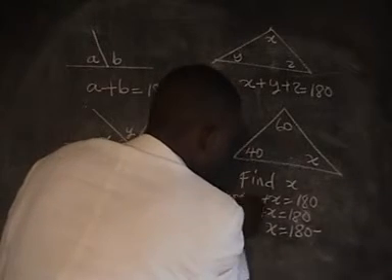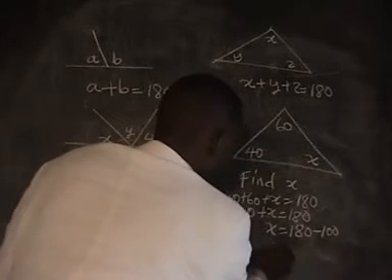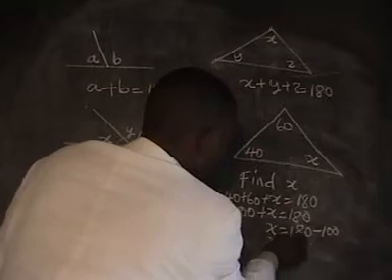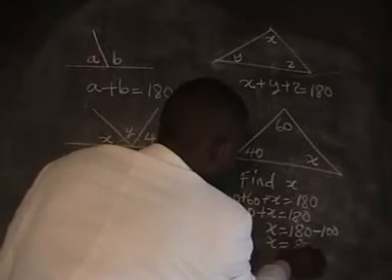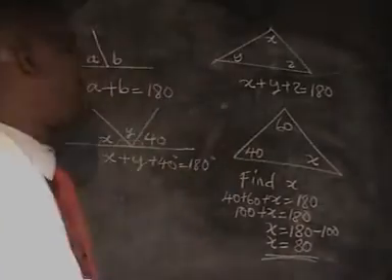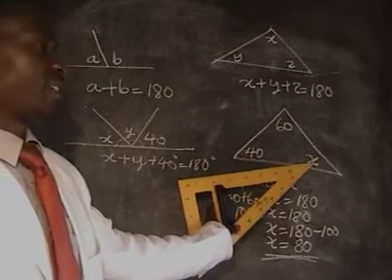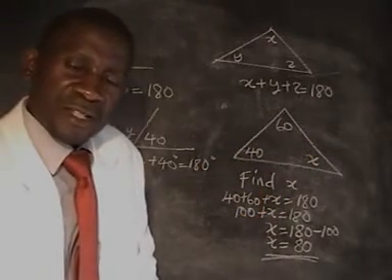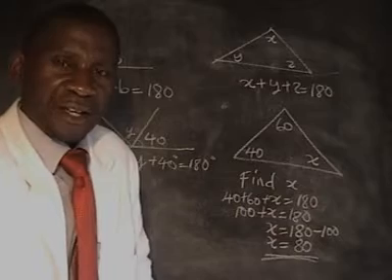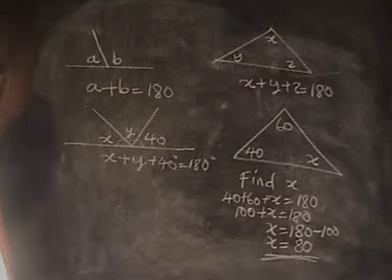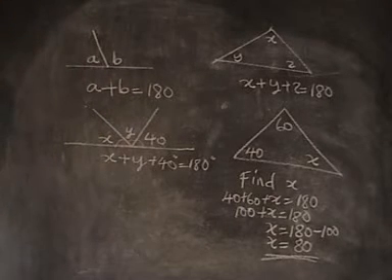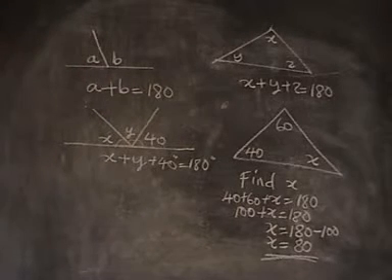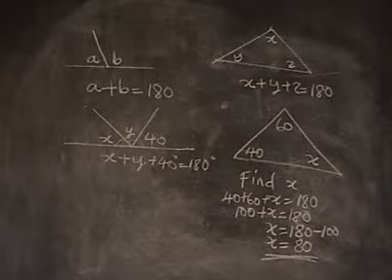So x is equal to 180 minus 100, and you get 80. So the size of angle x is 80 degrees. So if the 3 angles are added, you get 180 degrees.